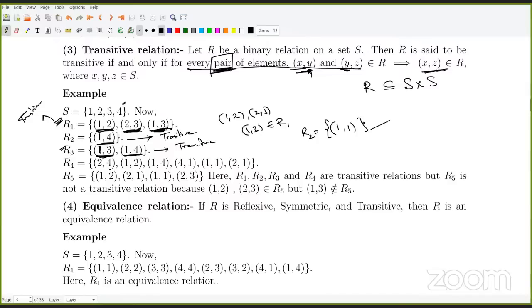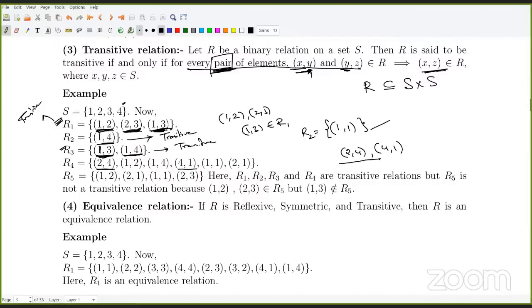Now R4. When we come to R4, you pick the first element (2,4). When you pick (2,4) as my first element, now I have to pick another element which starts with 4. Just check for any other element which starts with 4. Yes, there is another element which starts with 4: (4,1).